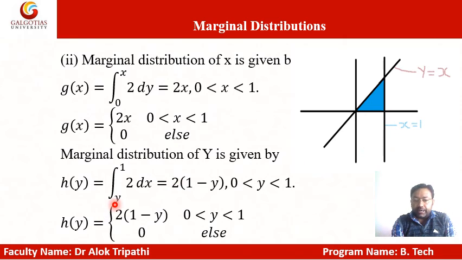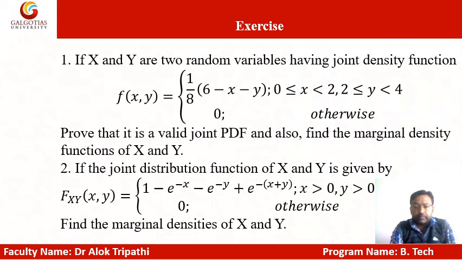So integrating f(x,y) from y to 1 with respect to x, we will get 2(1 minus y), and the range of y is 0 to 1. So our marginal distribution for y is given by h(y) equals 2(1 minus y) for y lying between 0 to 1, otherwise it is 0.